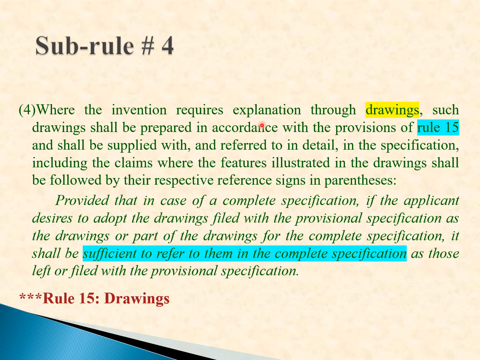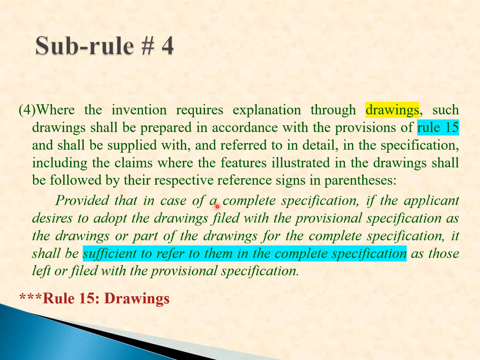Where the invention requires explanation through drawings, such drawings shall be prepared in accordance with the provisions of Rule 15 and shall be supplied with and referred to in detail in the specification, including the claims, where the features illustrated in the drawings shall be followed by the respective reference signs in parentheses.